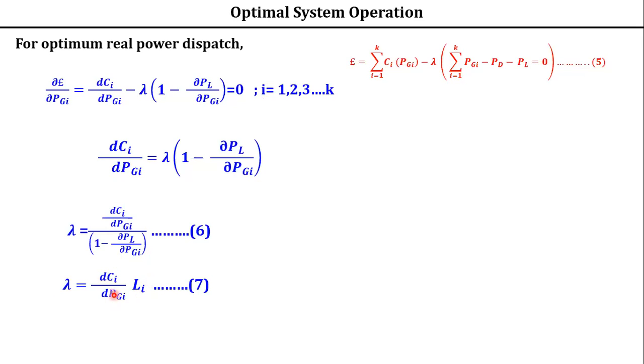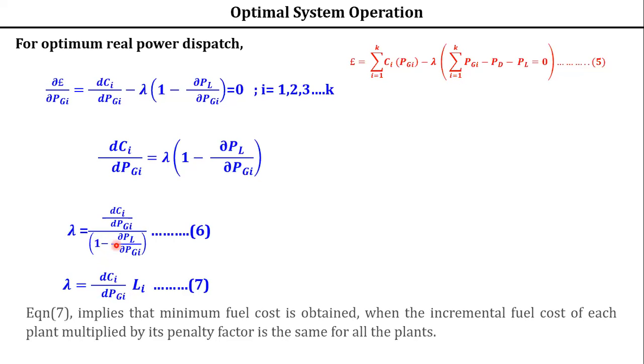So what is Li here? Li is nothing but this term, 1 over 1 minus ∂PL/∂PGi. Understood? This Li is nothing but 1 divided by this one. I will show it to you in the next slide.